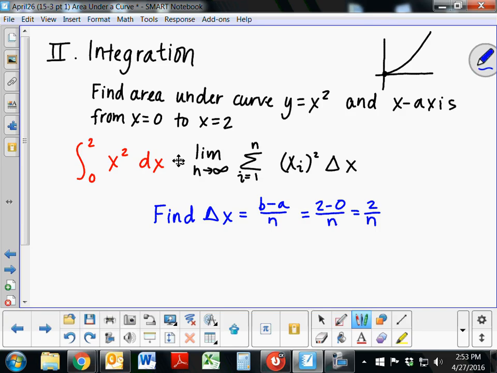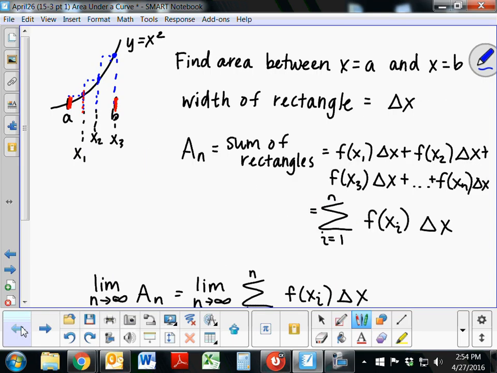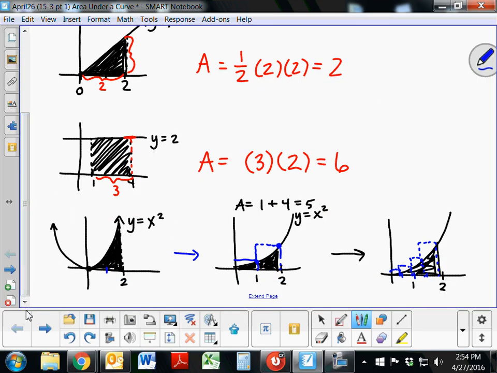But I want us to also change this x sub i into a function, because that looks kind of nasty too. So x sub i, let's talk about him a little bit. The x sub i is the actual x value that you're going to plug in and square. When you guys did this a few minutes ago, you plugged in 0.5 and squared it the first time.